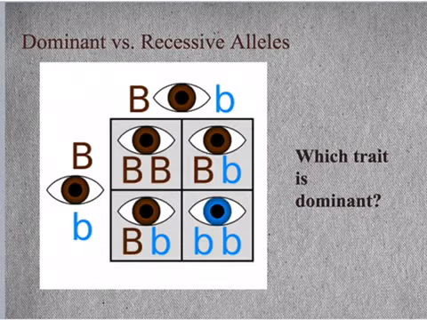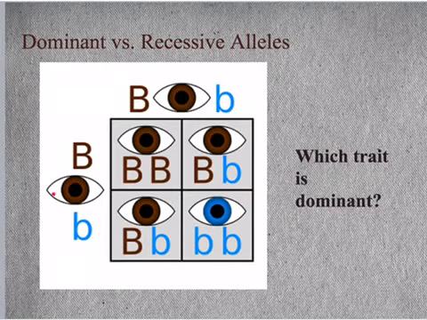Another example here is with eye color. Eye color is very complex. As far as genetics go, there isn't actually just one gene that tells us our eye color. There's many that play into it, but for simplistic purposes, we'll say it's only one gene, and we'll just look at the difference between brown and blue eyes. So here we have a brown-eyed parent and a brown-eyed parent here.